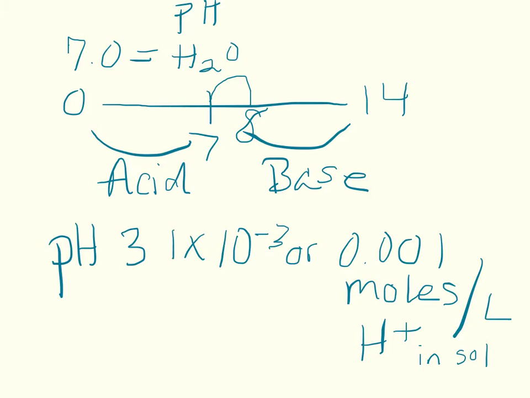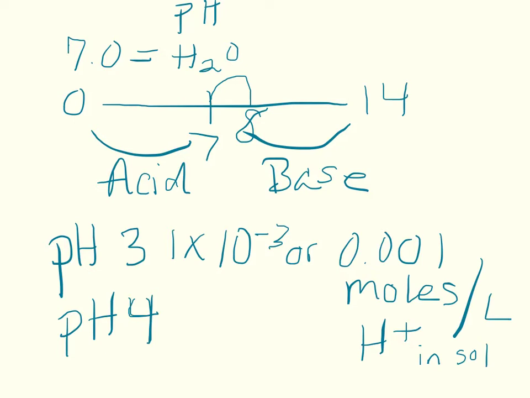Well, so let me ask the question then. So what would it be to be a pH of 4? How different is it to be a pH of 4? So if you can figure that out for a second before I go to the next slide, pause for a second, because that would be a common question to ask you: how different is it to go from a pH of 3 to a pH of 4, and what is that difference in numbers?